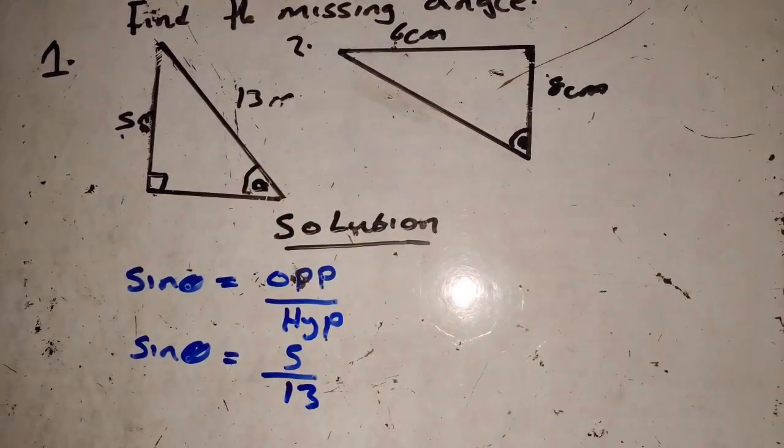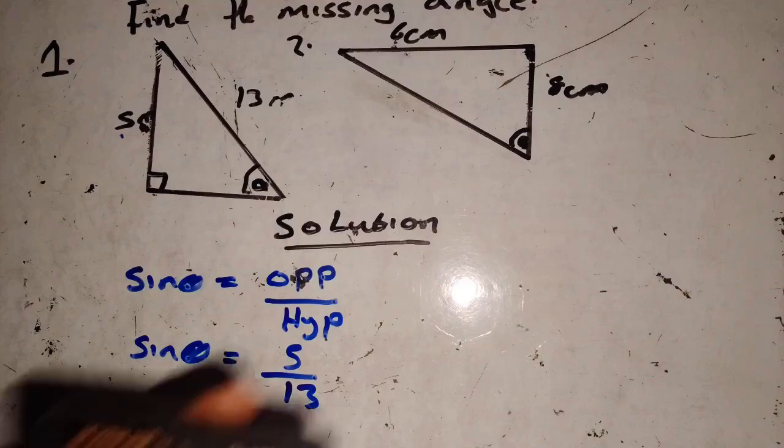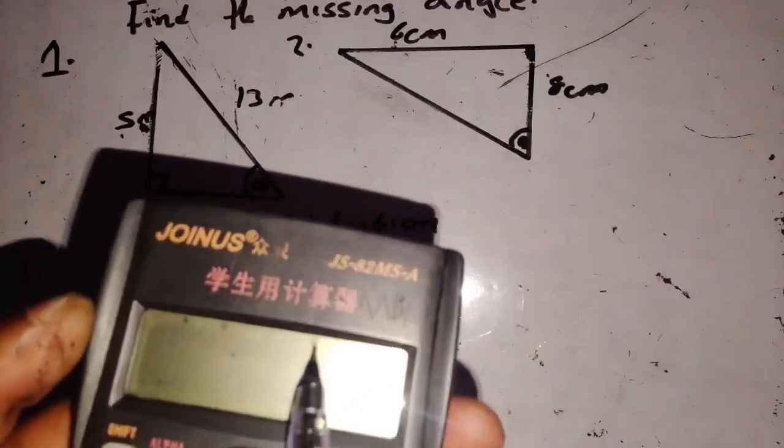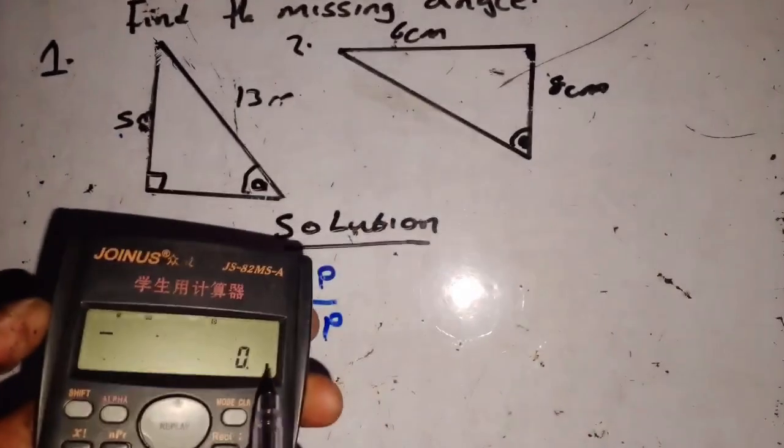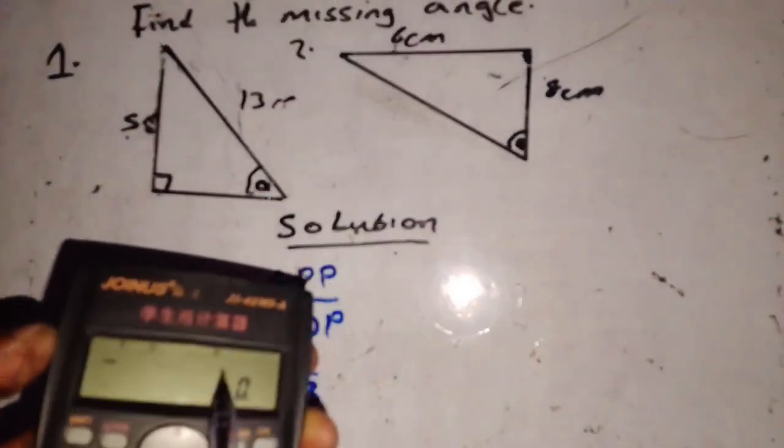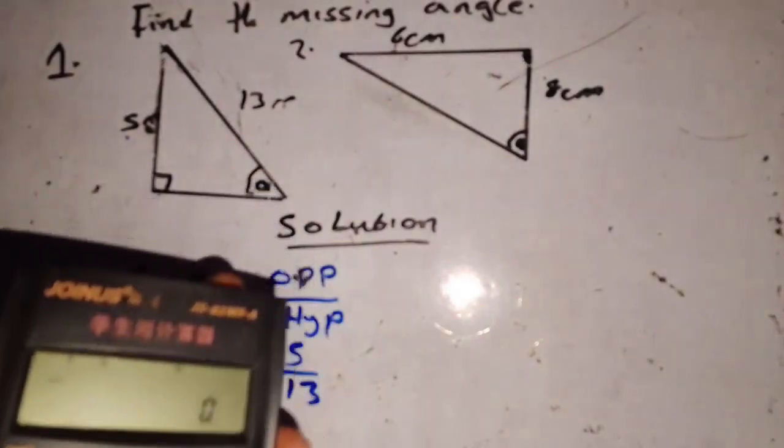So let's do the calculation. When you're dealing with trig ratios, make sure your calculator is in degree mode, or deg. Let me show you what I mean. Your calculator should be showing this D here. The D here means that your calculator is in deg.